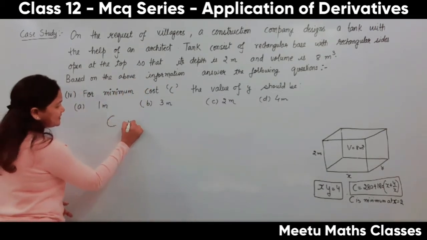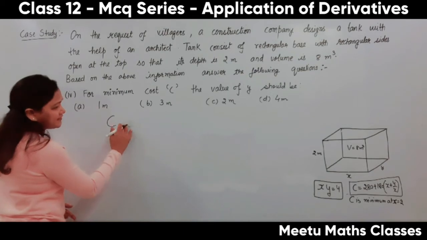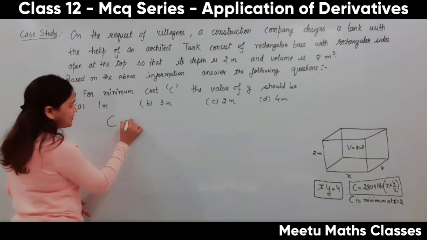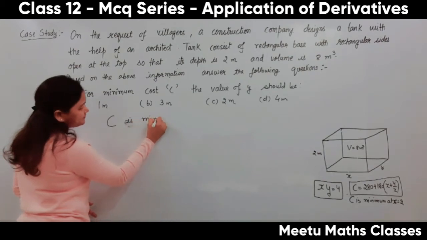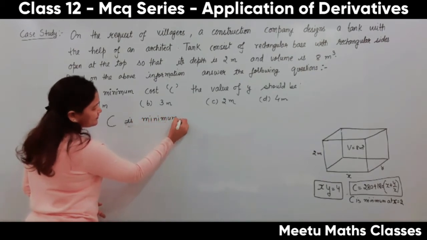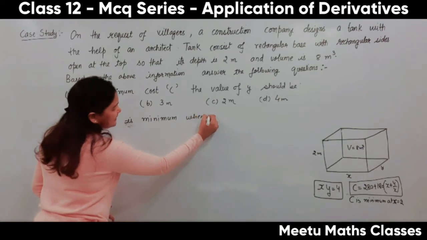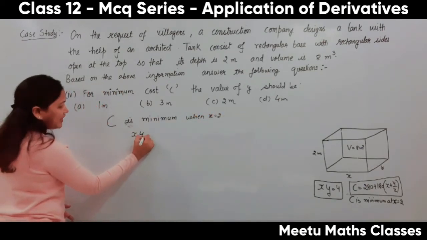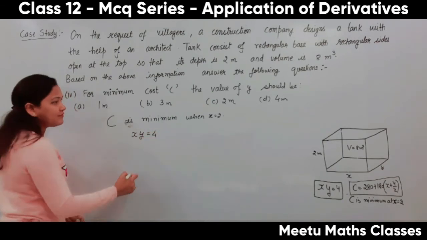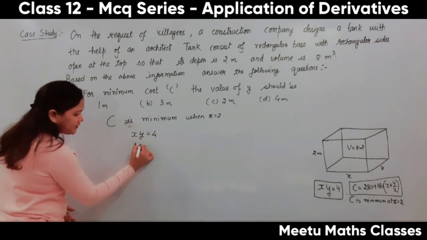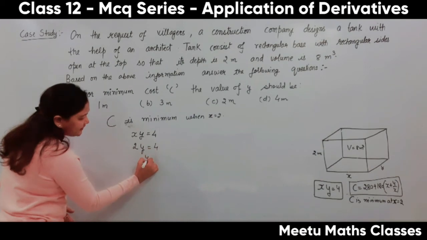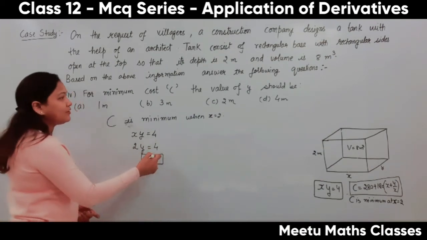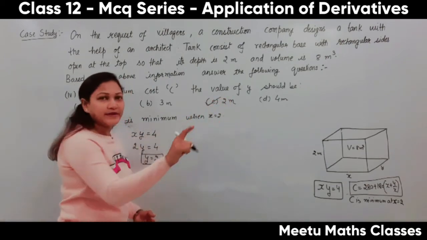So C is minimum when x equals 2, and we know that x into y must be equal to 4. So put x equals 2, we will get the value of y should be 2 meters only. So your option C is correct.